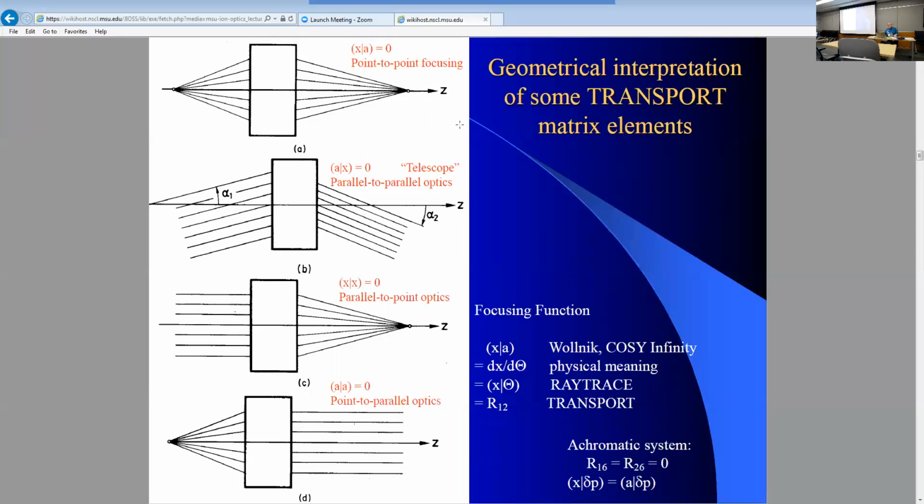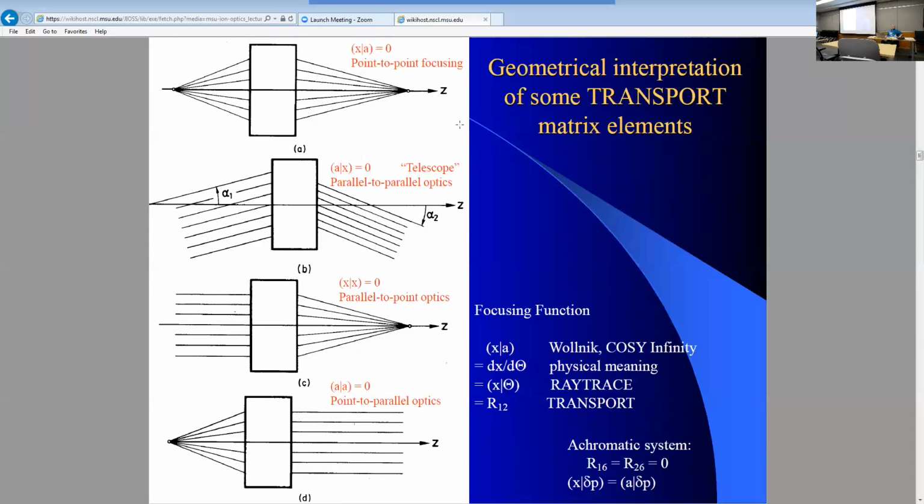The central ray for this element would come in, say, at alpha 1 and come out at alpha 2. That's the central ray. Yes. So AX, which is defined as relative to the central ray, would be 0.